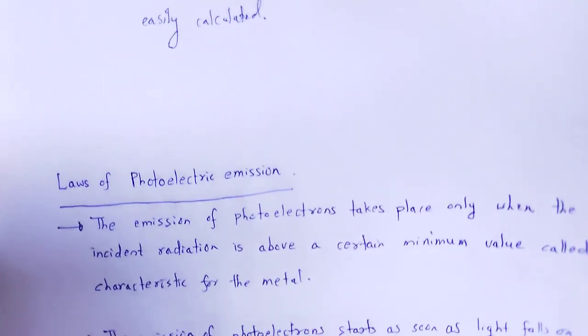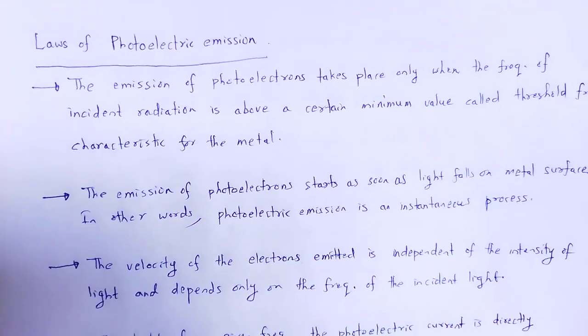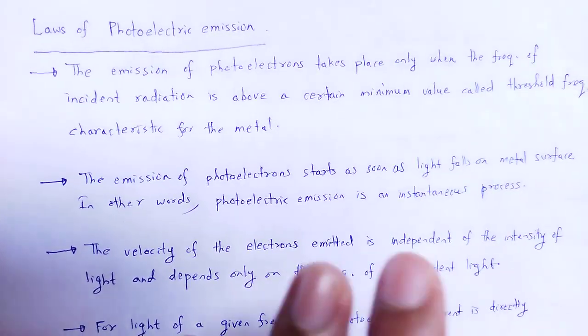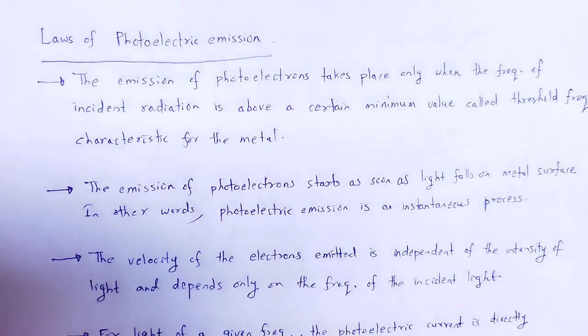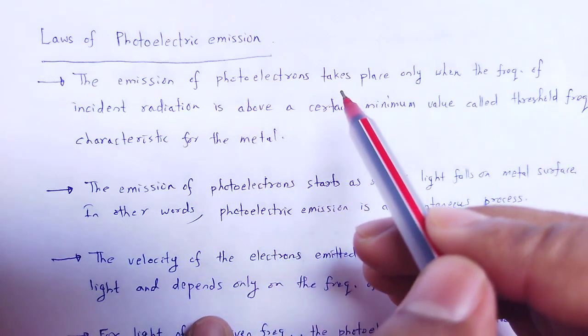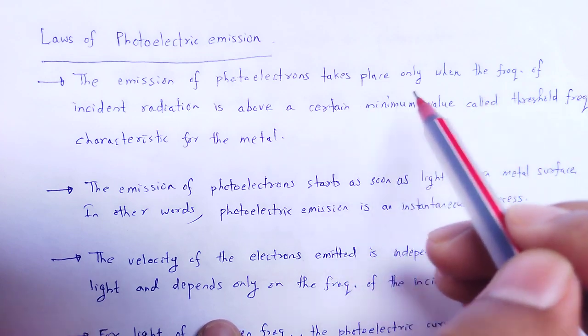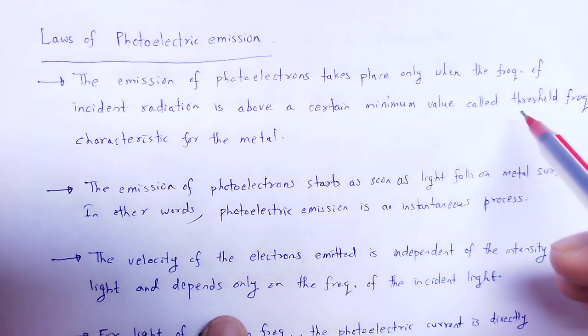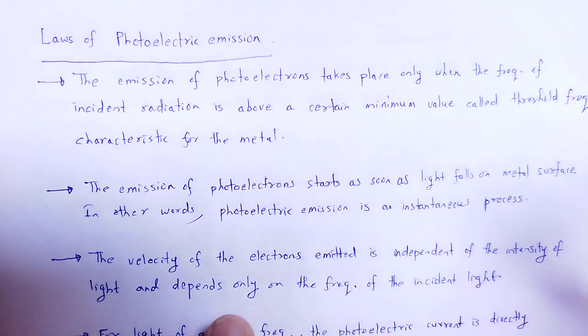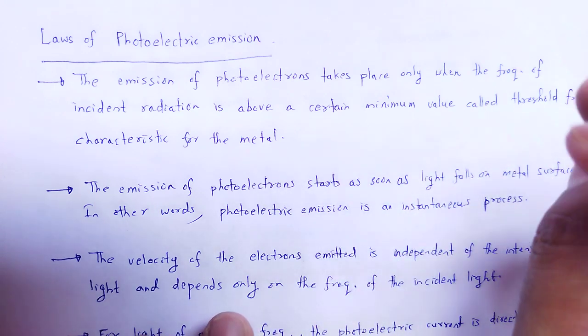Next, laws of photoelectric emission. As we studied photoelectric emission from the experiment as well as the theoretical result by Einstein, he formulated 4 laws. These laws are like this: the emission of photoelectrons takes place only when the frequency of incident radiation is above a certain minimum value, which is the threshold frequency. That is a characteristic of the metal.